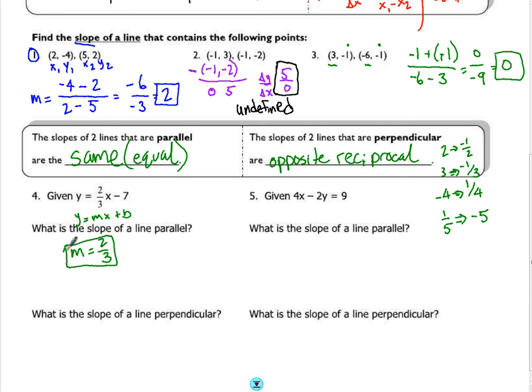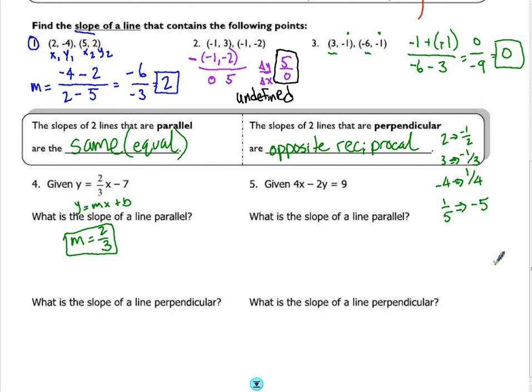But what if I wanted to find the slope of the line perpendicular? If the given slope was 2/3, I'm going to do the opposite reciprocal, which means I'm going to flip and take the reciprocal of 2/3, which we know is 3/2, and then we're going to take it from positive to negative. So my new slope is -3/2.